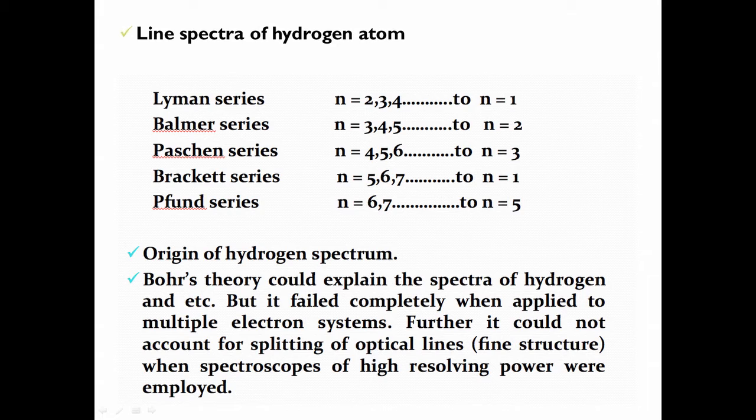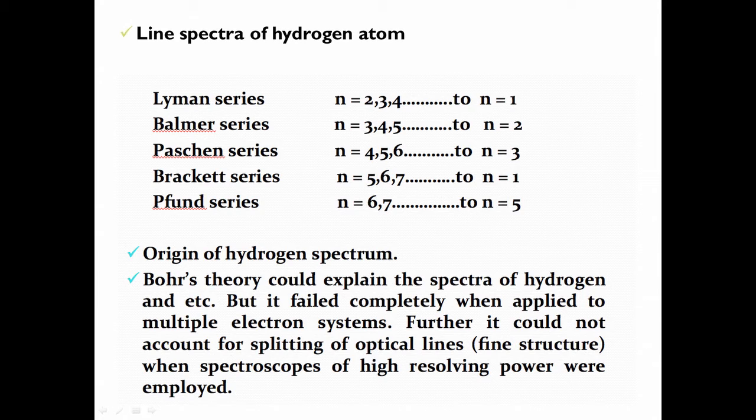So, Bohr's theory could explain the origin of the spectra, how the different kinds of lines are obtained from the same element, but it failed completely when applied to multi-electron systems. This is one of the greatest tragedies, that it could not be applied; therefore, it had to be modified, which took place down the line after some time.